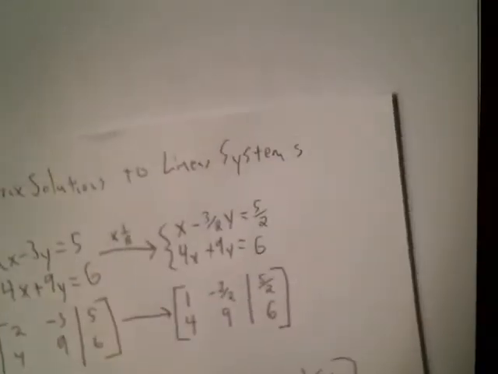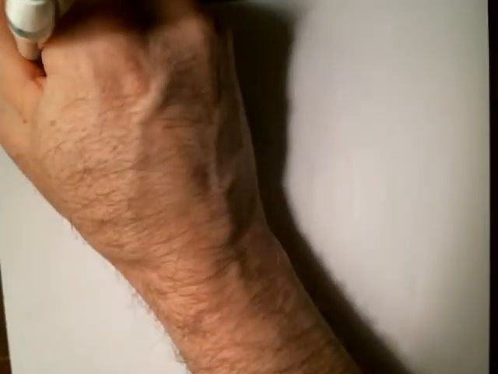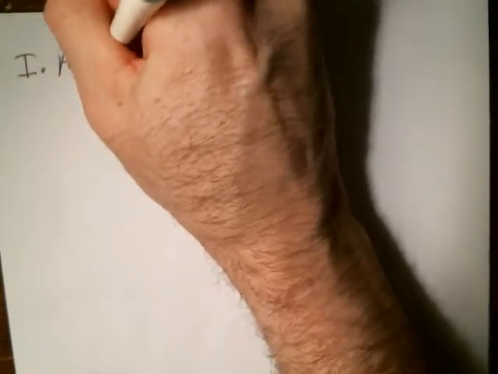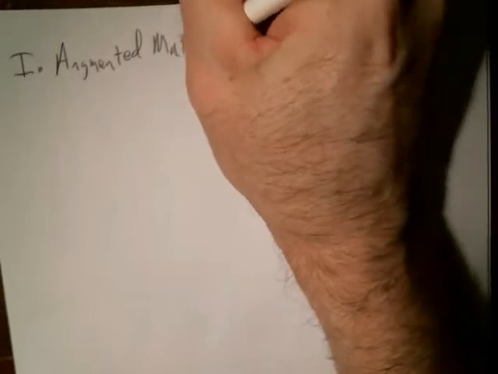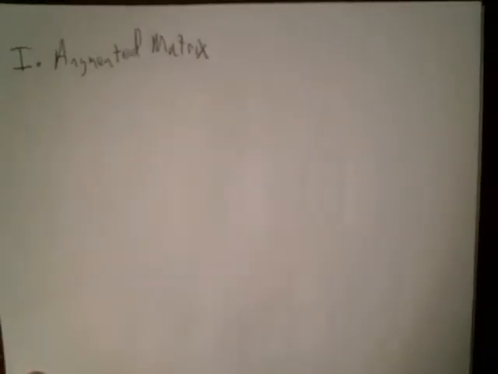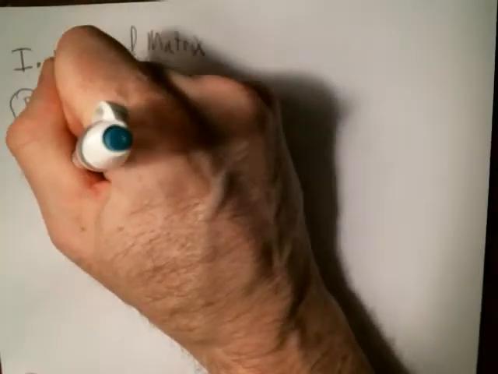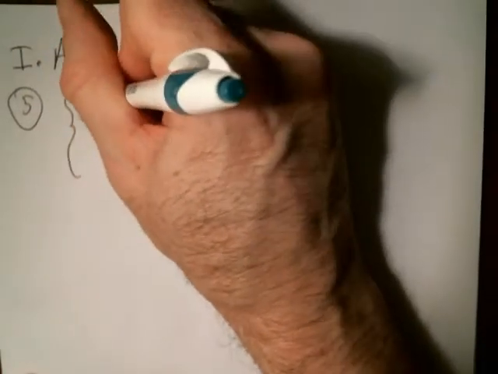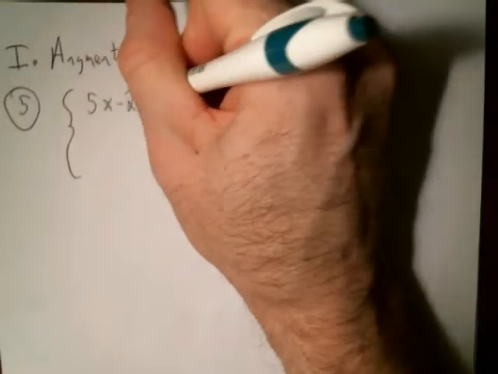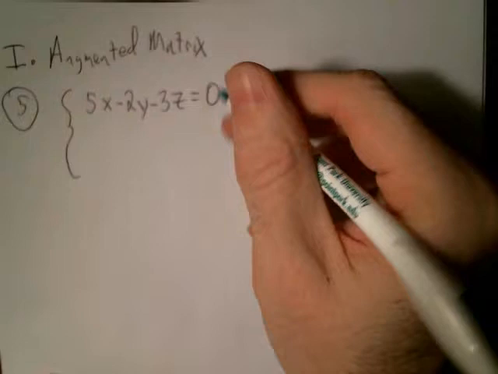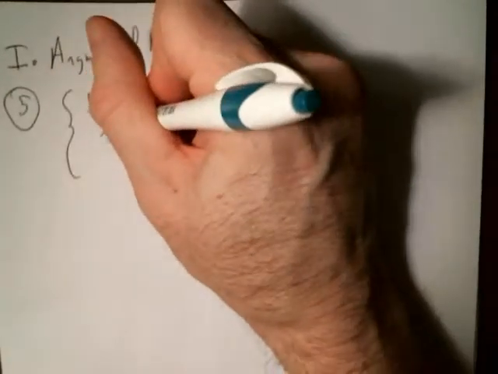Okay. So let's get in here now and make it more official. Section 1, the augmented matrix. And at the beginning, all they're having you do is convert from one form to the other. So we have a system of linear equations in 3 variables, and I want to convert it into an augmented matrix.